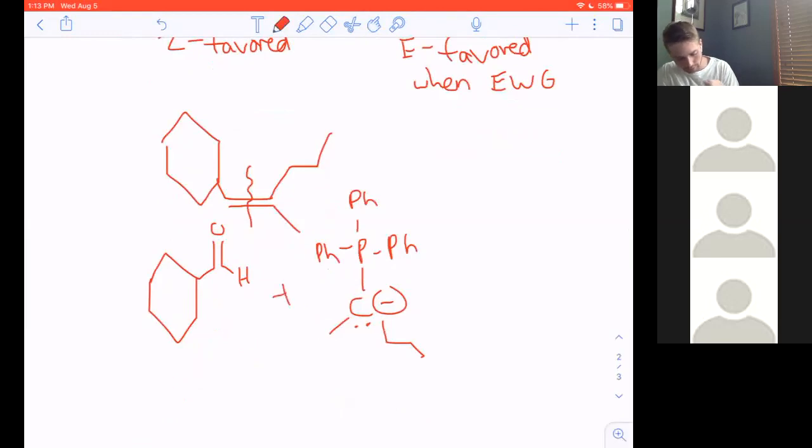The other possibility would be the exact same thing, except you put the ketone on the other compound. So what we'd have then is this, and in addition to that, we would have this group.